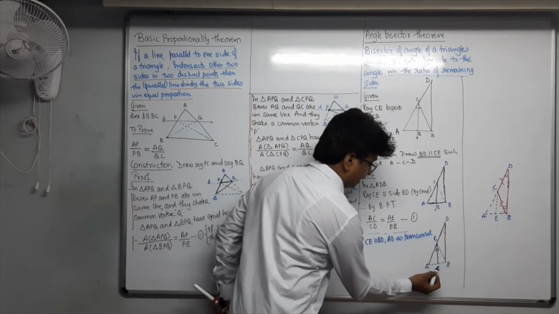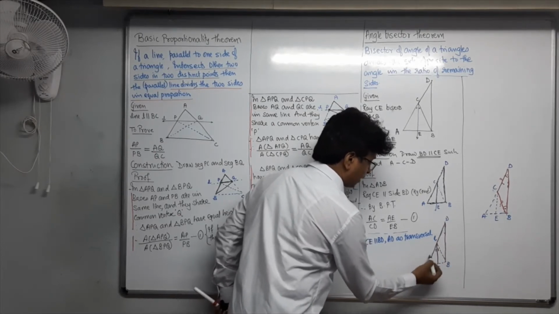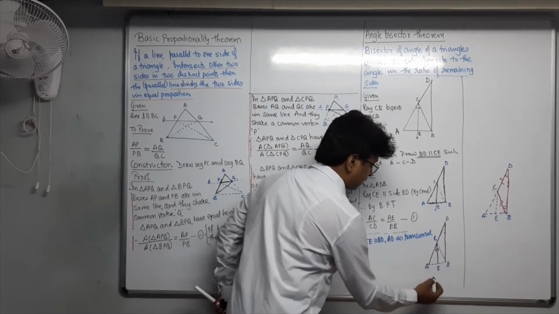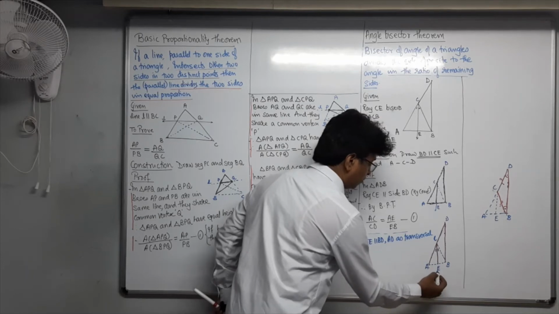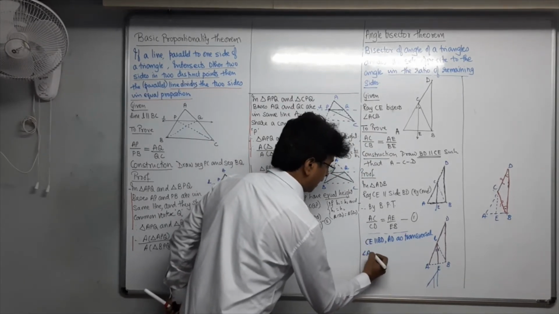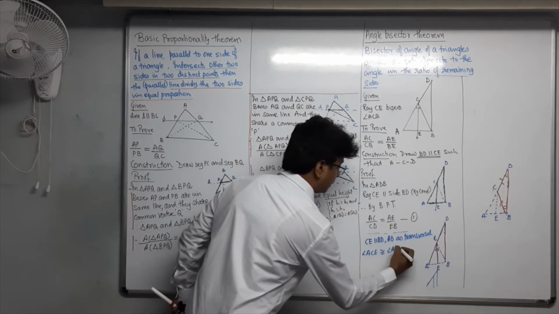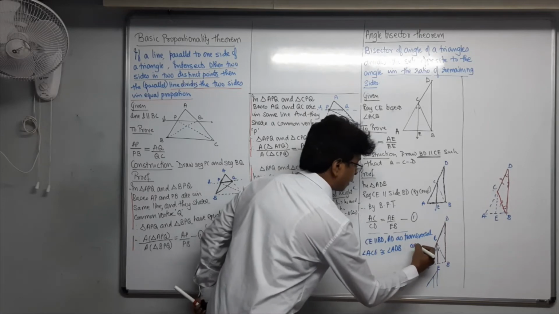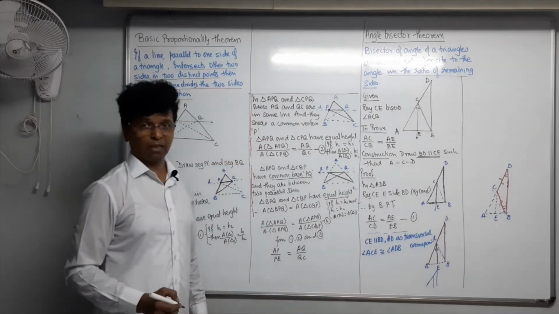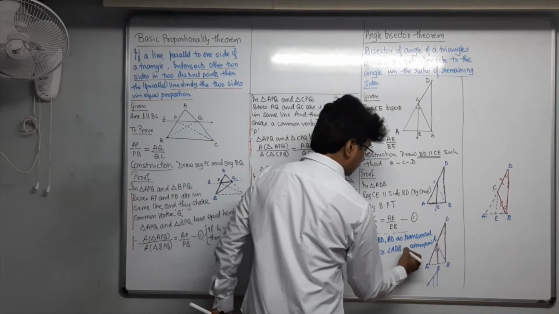Angle ACE will be congruent to angle ADB. They are corresponding angles. Angle ACE will be congruent to angle ADB. Reason will be corresponding angles, whatever you say, corresponding angles test. Are you getting this point? So they will be congruent over here.